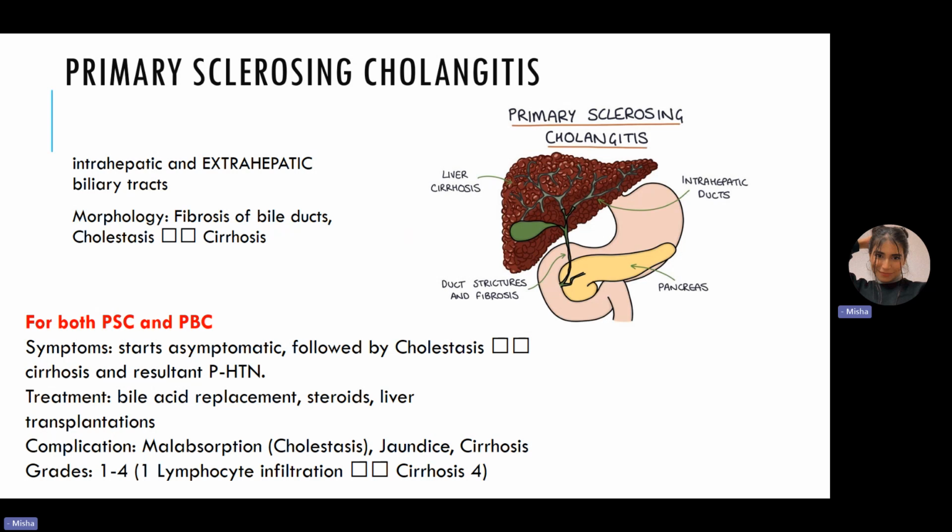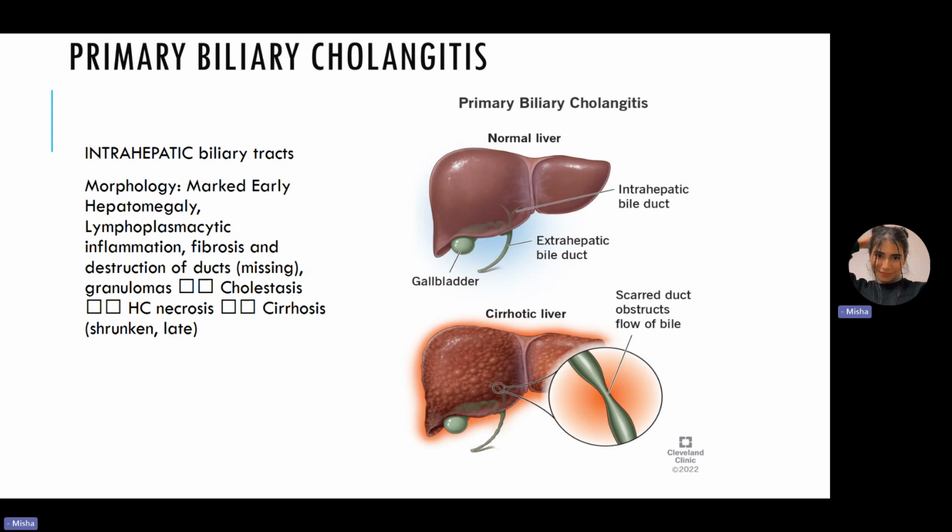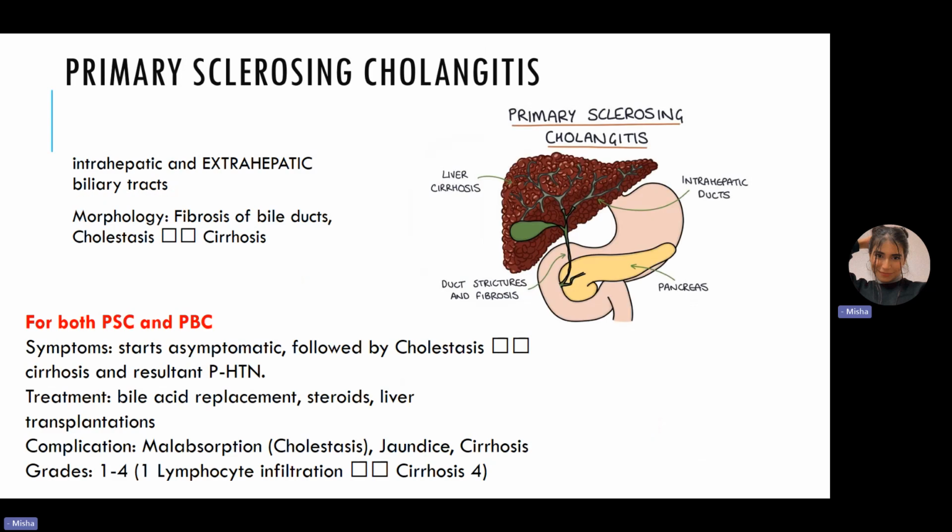However, when we're talking about primary biliary cholangitis, we're mainly talking about intrahepatic biliary tracts. In sclerosing cholangitis, it leads to dilation of the preserved segments, and it occurs mainly in males, whereas biliary cholangitis was in females. Here we see it in males and in patients who have inflammatory bowel disease, for example.